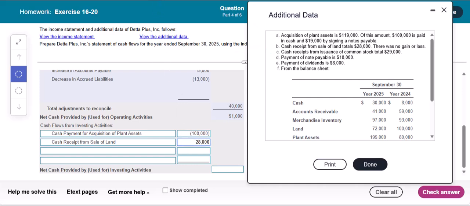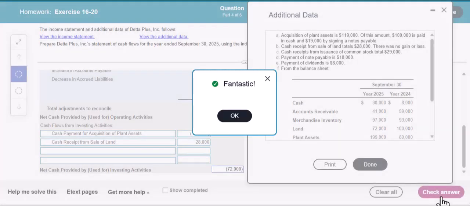And then there was no gain or loss. We already know that because that would have appeared on the income statement. So then we go ahead and add these through for a total of negative $72,000 from investing activities. Let's go ahead and check our answer. Fantastic.